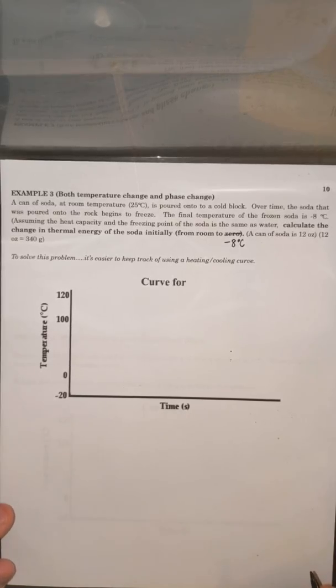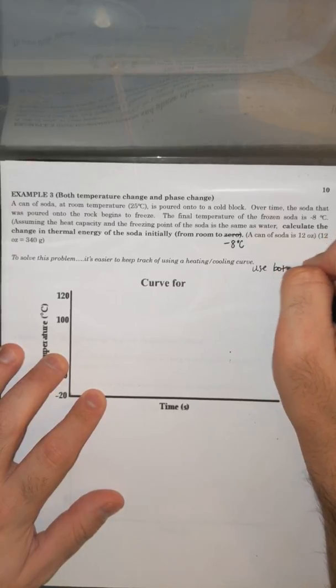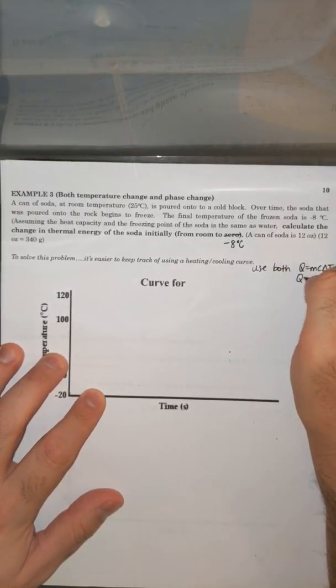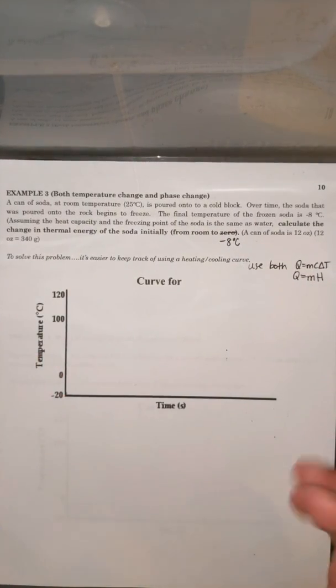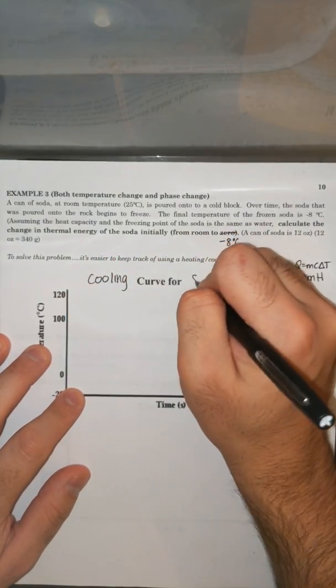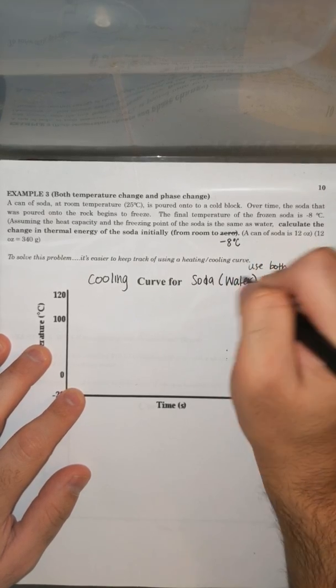So to solve this problem, we're going to have to keep track of what kind of energy is going to be involved, because we will use both Q equals mc delta T and Q equals mH. So let's draw a cooling curve for soda, which is going to end up being the same as water.